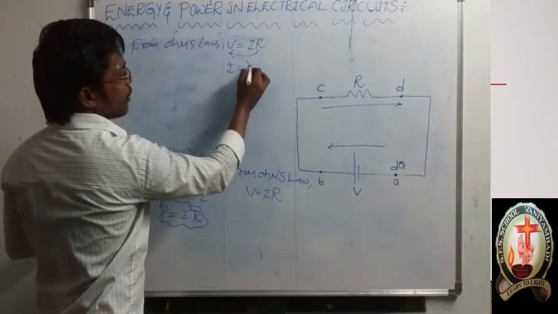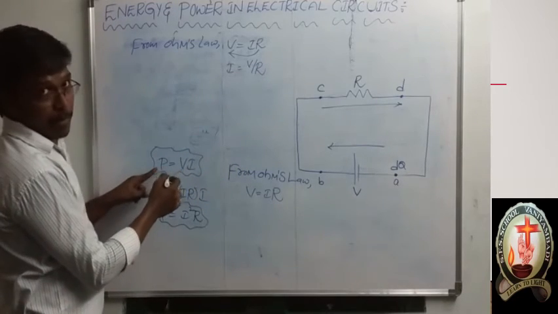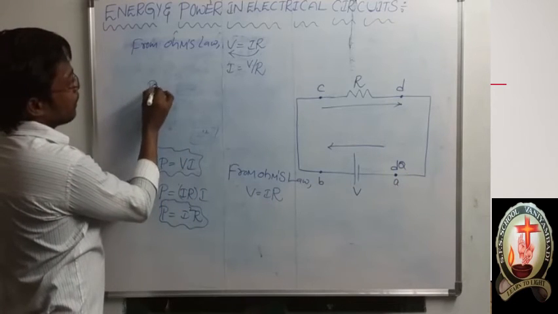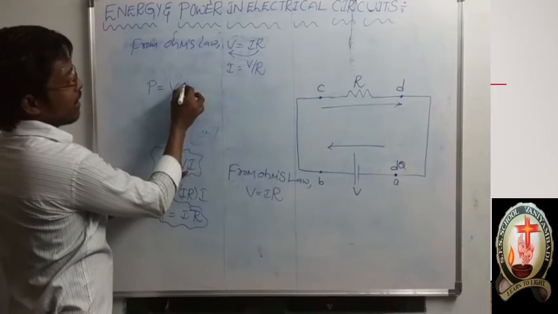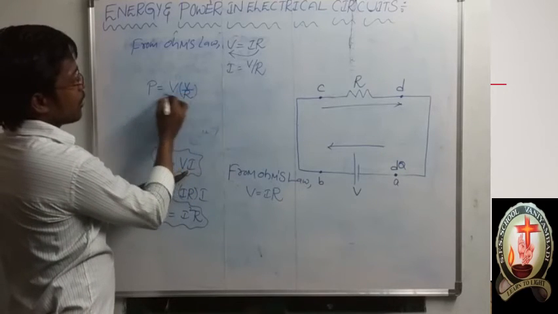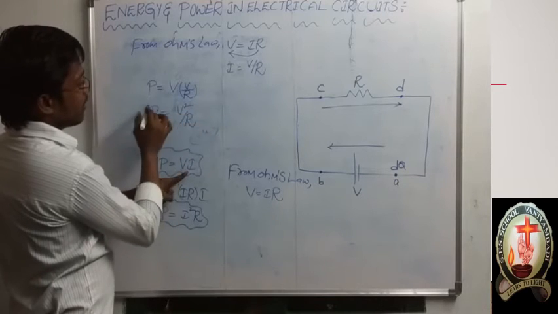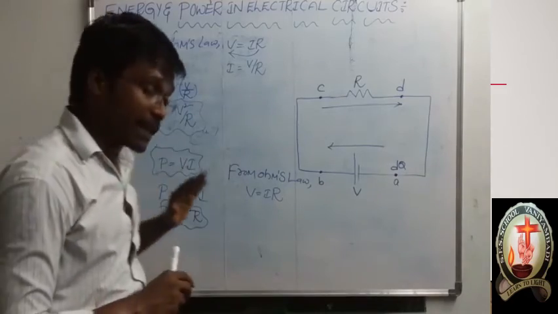So I is equal to V by R. Please take this I value and substitute again in our power expression. What is our power expression? P is equal to VI. So here P is equal to V into, what is the I value? V by R. So V into V, V square by R. This is the power expression of the electrical circuits.